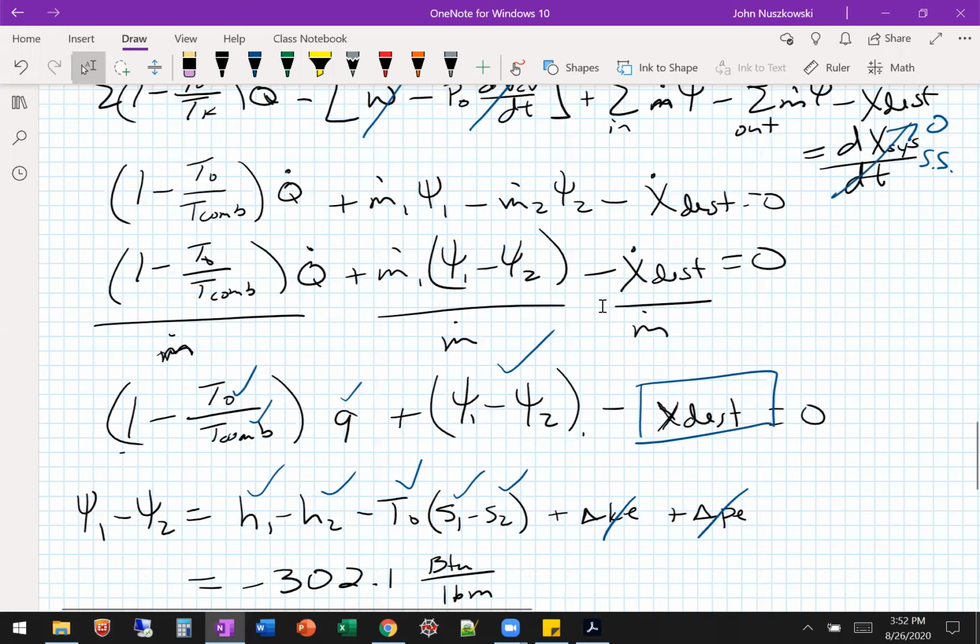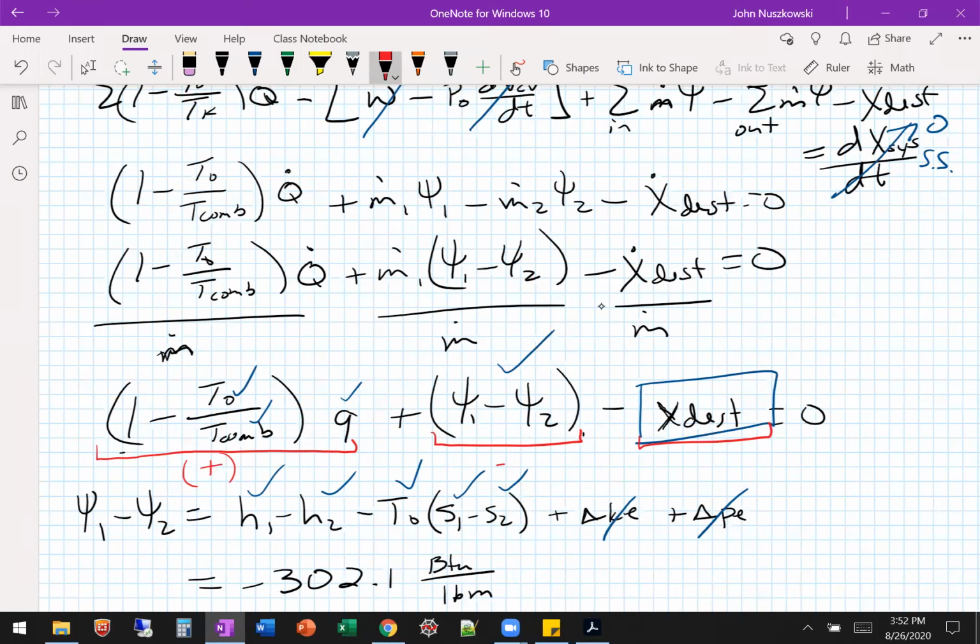The other thing to think about is if we were doing the second law efficiency, we can think about what's exergy expended, what's exergy recovered, what's exergy destroyed. This is expended because that ends up being positive. We're putting heat in, putting work potential into the system. We're expending exergy.